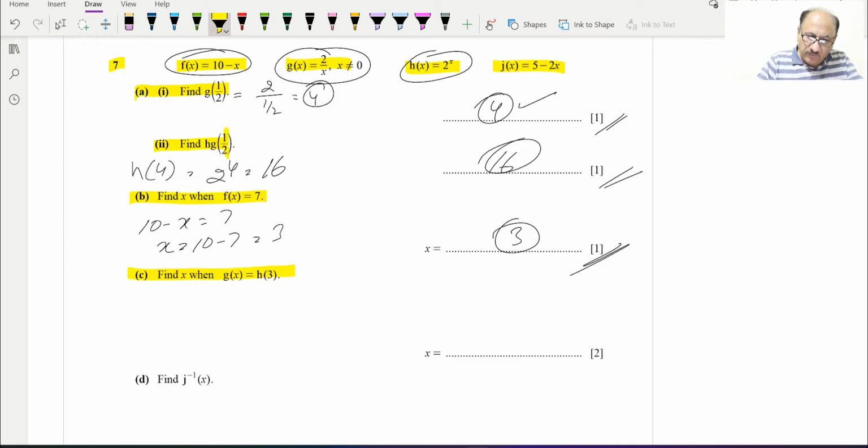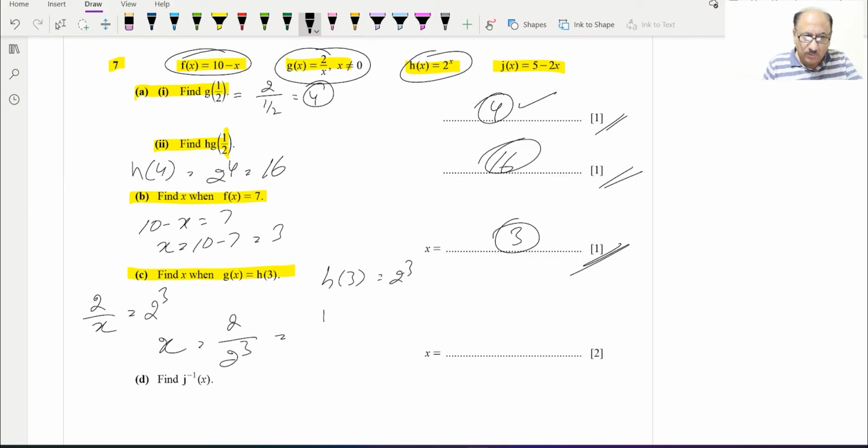So g of x is 2 over x is equal to h of 3. h of 3 will be 2 raised to the power 3. So we can write x is equal to 2 over 2 raised to power 3, which is equal to 1 over 4.